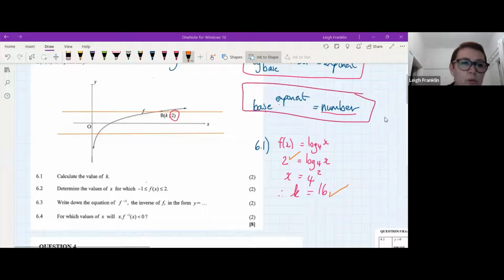What they've done here is give us a range of numbers to work between. This is where y potentially would be equal to -1, and this is very definitely where y is equal to 2. So what I've drawn here is the line y equals 2, and over here the line y equals -1. They are asking for which values of x is y between -1 and 2.